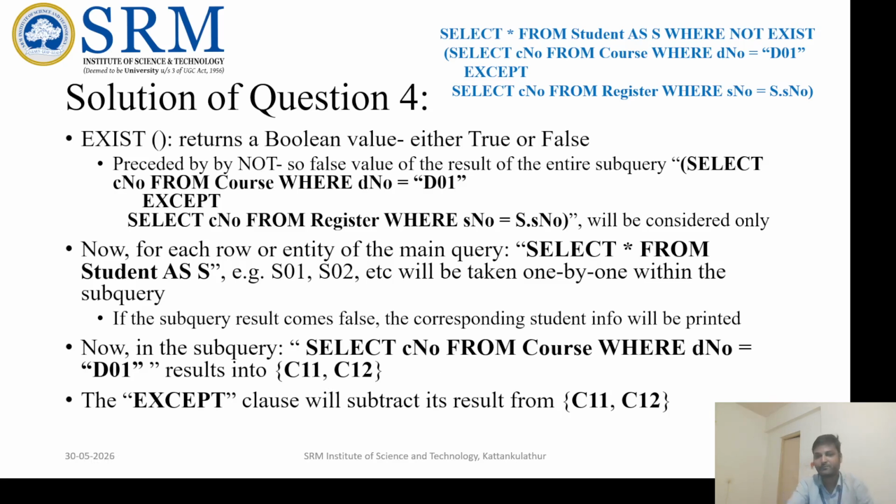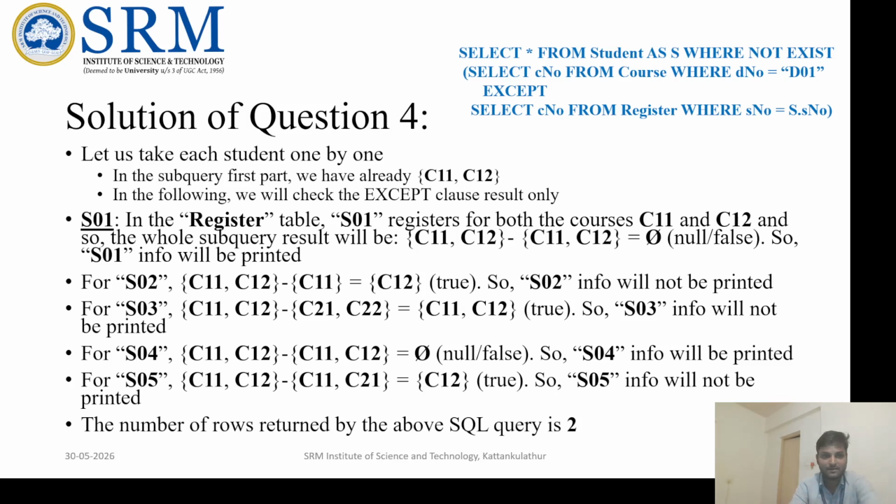Okay. Then let us take each student one by one. In the subquery first part, we already have C11, C12, and in the following we will check the except clause result only. Suppose we have taken student S01, and in the register table S01 registers for both the courses.